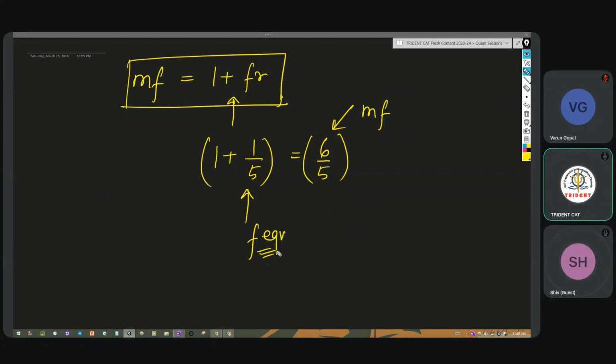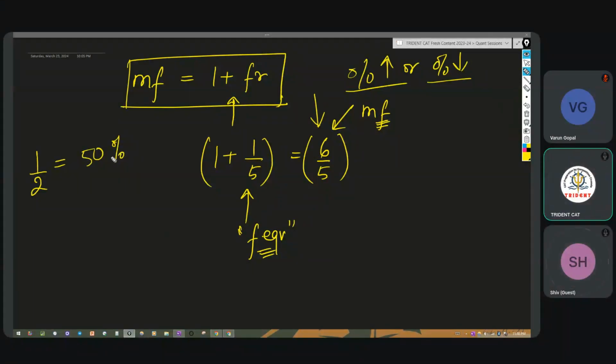So there is a clear difference of wording, but the situation is pretty much the same. Whenever you find a 6 by 5, a 4 by 5, that's a percentage increment or a percentage decrement. Percentage increment or decrement has a value attached to it, but the fraction equivalent in itself has no meaning. For example, 1 by 2 is just 50%, and that's it. It's not a 50% increment of something, or 50% more than something. It's just 50%.